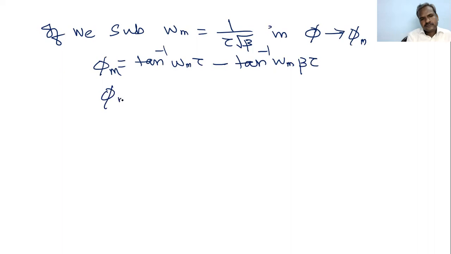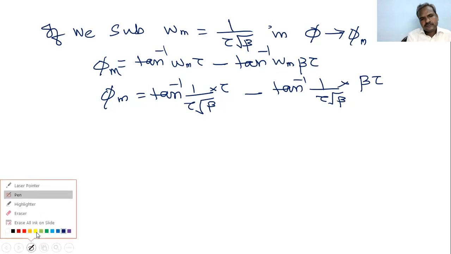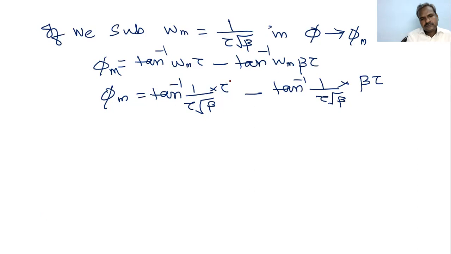So phi m equal to tan inverse of 1 by tau root beta into tau, minus tan inverse of 1 by tau root beta into beta times tau. Now cancel whichever is possible, my dear friends. This tau cancels, this tau cancels. This can become root beta, 1 beta cancels.